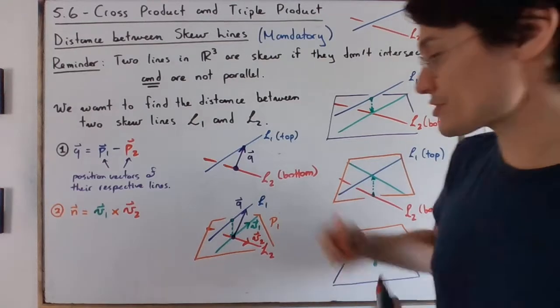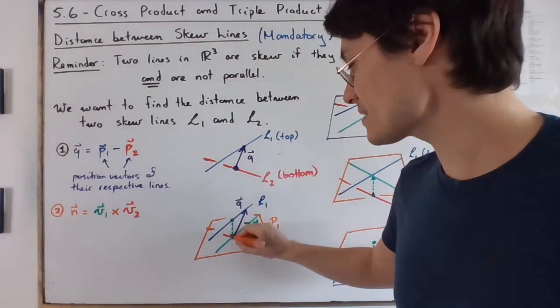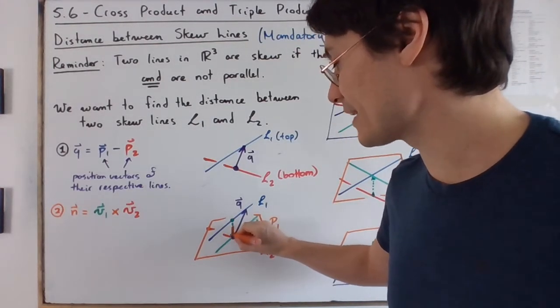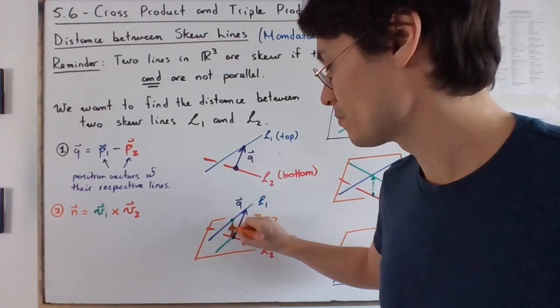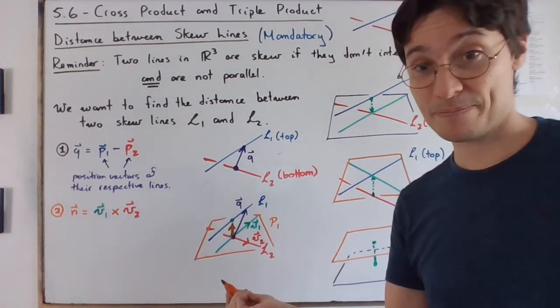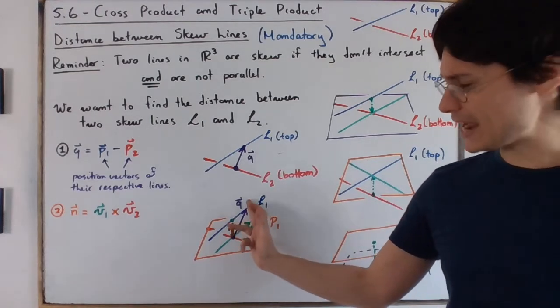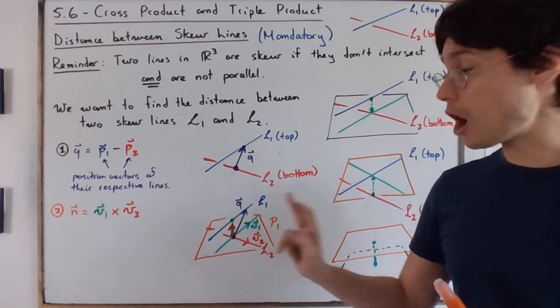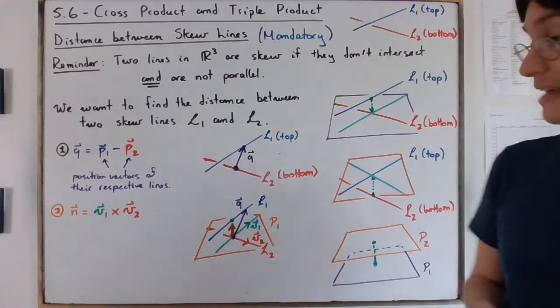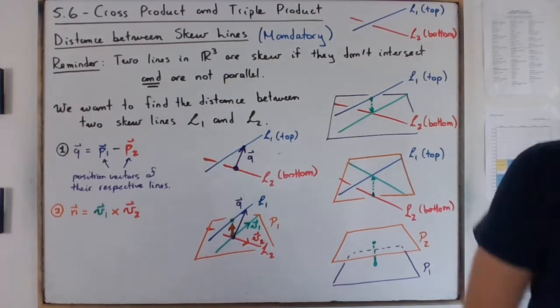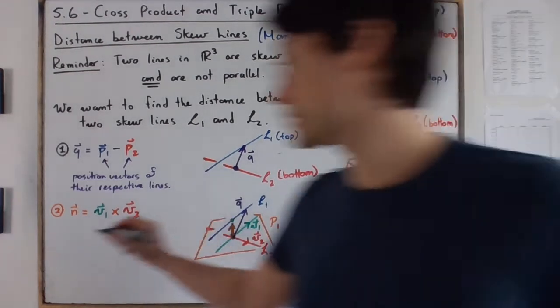Now this is going to produce a normal vector, and let's say that the normal vector is really tiny. Suppose the normal vector could be like this. Then what we want to do is project the vector Q on that normal vector. So this will be step number 3. Let's color code that in black.